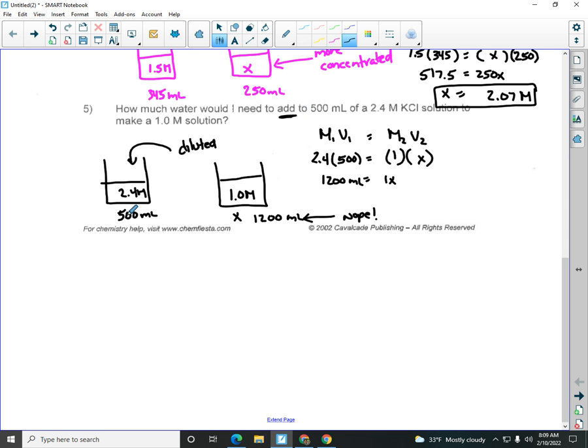I started with 500. I needed to add 700 milliliters of water to the beaker. And when I added 700 milliliters of water to the beaker, you're going to end up with 1,200 milliliters total. All right, try a couple more problems.